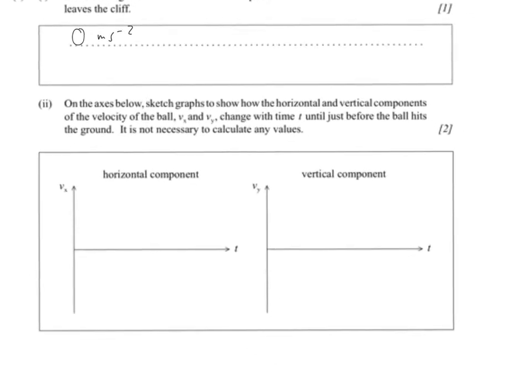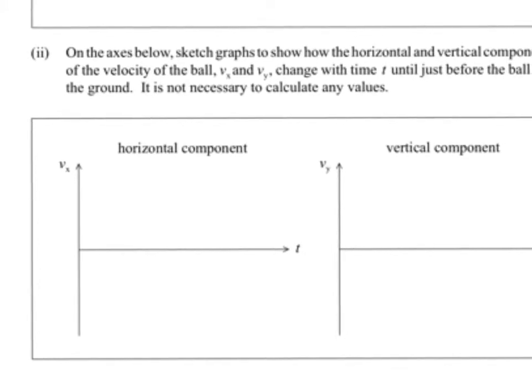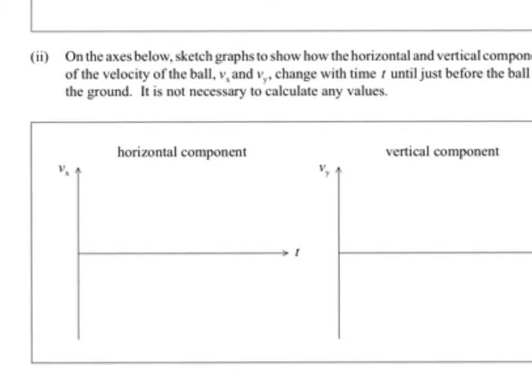Next one, on the axis below, sketch graphs to show how the horizontal and vertical components of the velocity, Vx and Vy, change with time until just before the ball hits the ground. It is not necessary to calculate any values. So the horizontal component of velocity, again, because there is no acceleration in the x direction, doesn't change.